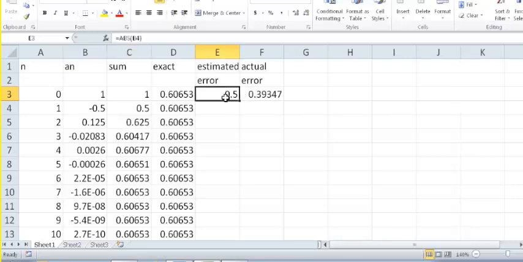Okay, so if you take the actual value, which is this, and you subtract this sum, it's going to be equal to the remainder, and the remainder is less than the term.